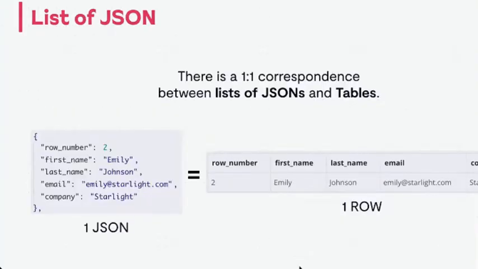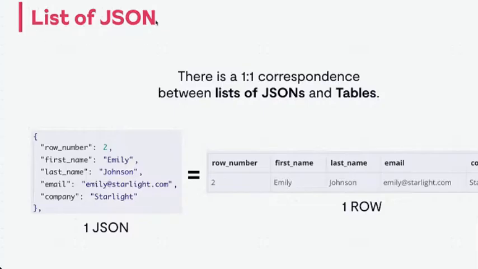There is a very interesting correspondence between JSONs and tables, where we can tell that one JSON is equivalent to one row, with the keys being the headers of those rows. This might remind you a little bit of the JSON and table view that we saw in the previous video on n8n nodes.